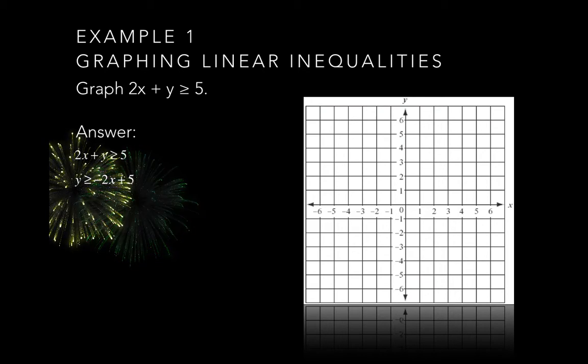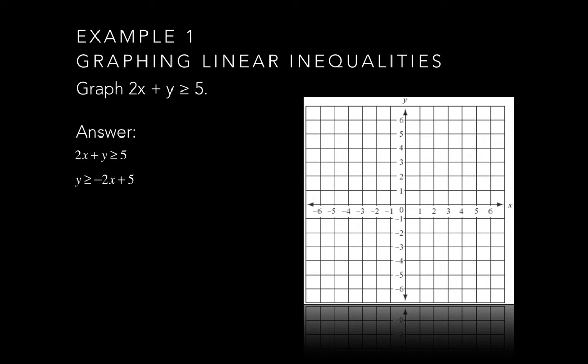So we're going to move that 2x to the other side by subtracting. Now we were just subtracting, so the sign did not change directions. Now, what do we know? We know that our b value is 5 and our slope is -2. You could think of it as -2 over 1. Rise over run.